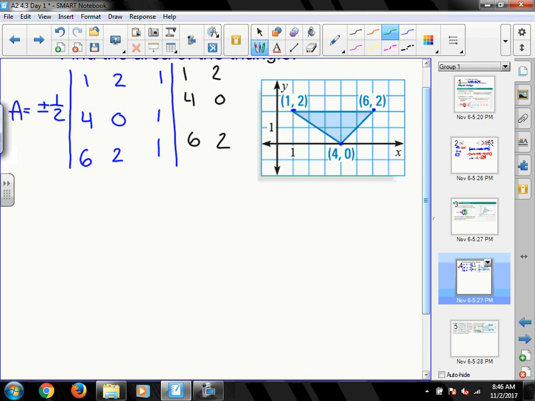I'm going to take, in parentheses, plus or minus 1/2. That's just going to tag along until the very end. So 1 times 0 times 1. Plus 2 times 1 times 6.